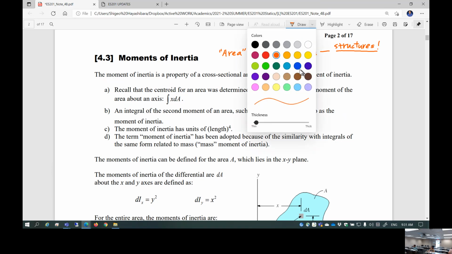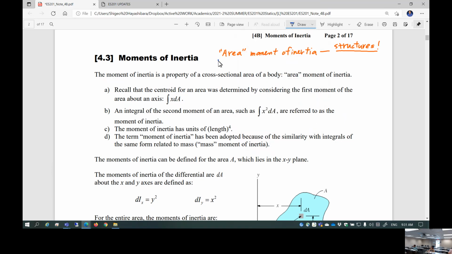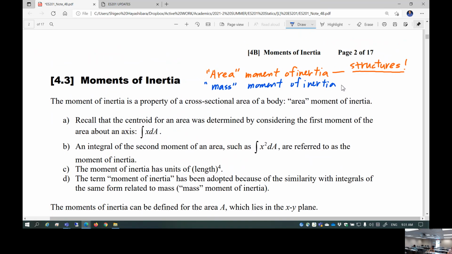And then people oftentimes use the same word in a slightly different meaning, called mass moment of inertia. The origin is the same and the concept is the same. However, this is typically spacecraft design, though not only spacecraft, just a different kind of application.